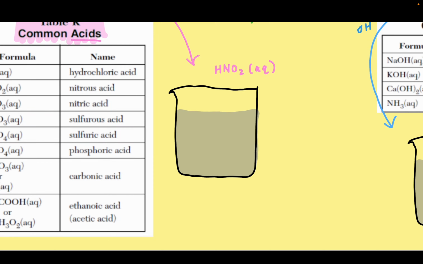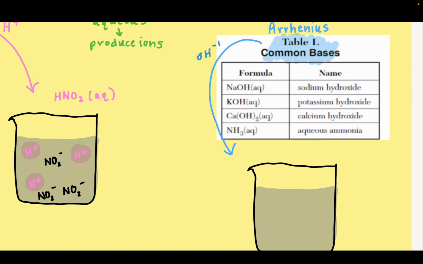Let's say we took HNO2 and it was dissolved in this beaker of water. That would split up into these hydrogen ions, and it would also produce the nitrite ions on the side. But the important part, what classifies it as an acid, is the fact that these H+ ions, or protons, are released in solution.